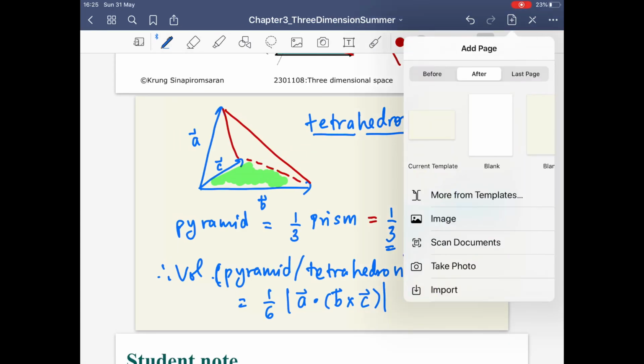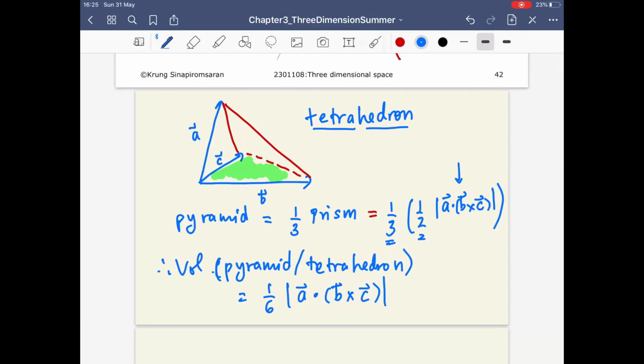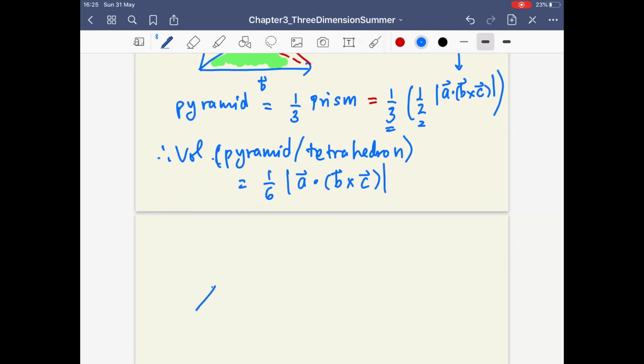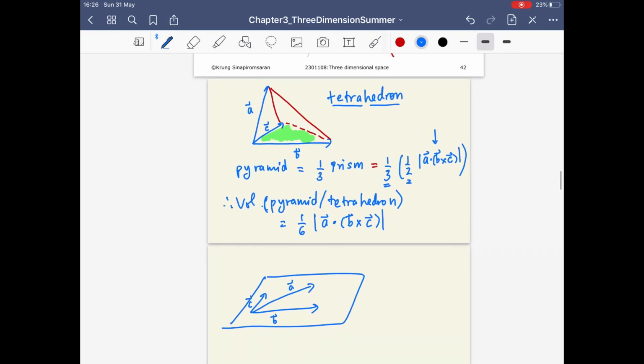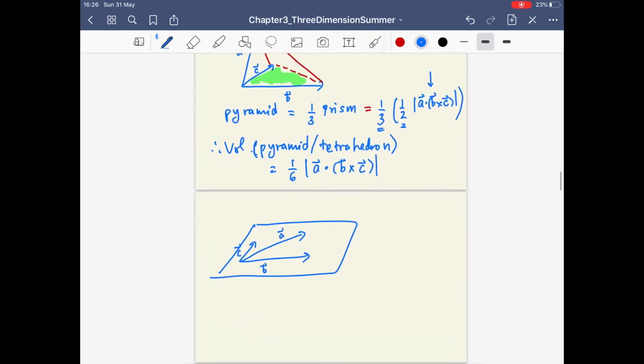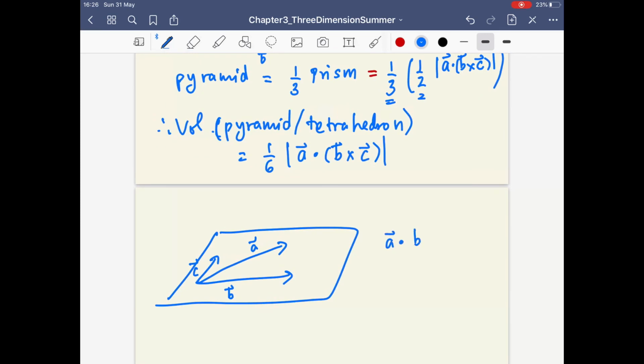One more thing that you may need to know about the scalar triple product is that if your A, your B, and your C are on the same plane, this is the plane, and your B is right here, your C is right there, and your A is also on the same plane, it means that we cannot construct a parallelepiped from this kind of three vectors, right? So your scalar triple product between these three vectors is going to be 0.